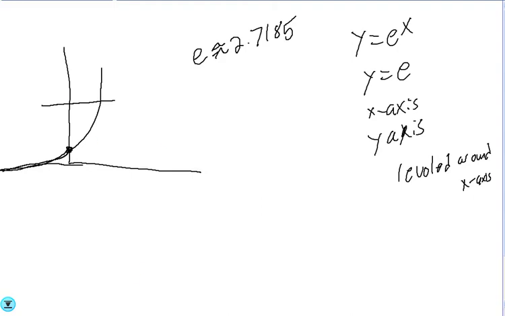So then, when finding the volume, that's going to be this region here, revolved around the x-axis.